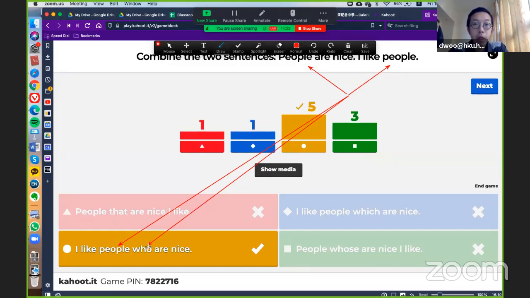And who, in this case, means people. So you see, I like people who are nice. And who are nice, who means people. People are nice. So now you're starting to see how we combine two sentences using relative pronouns.